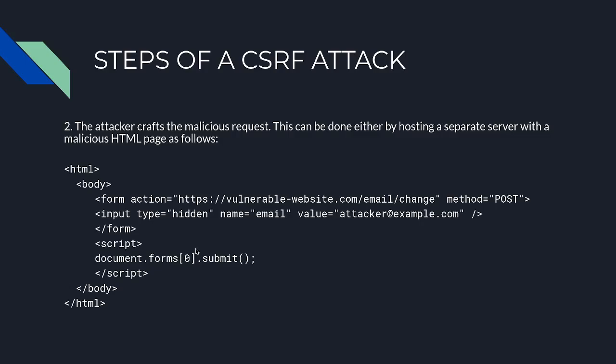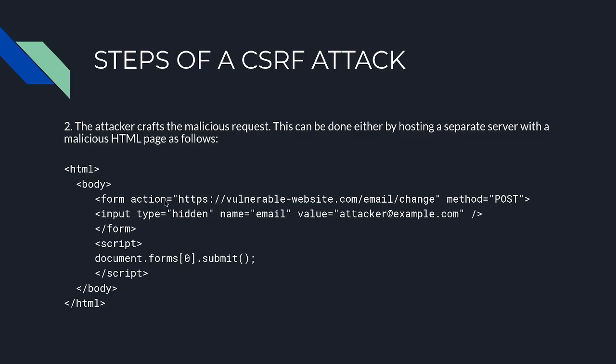So the next step is that the attacker would craft a malicious request. This can be done by hosting a separate server with a malicious HTML page as follows. The attacker would create their own server with this bit of HTML in it. It essentially contains the form which performs this action.